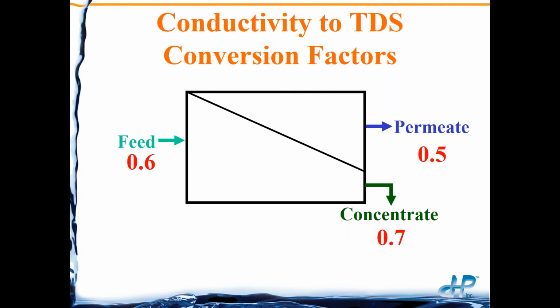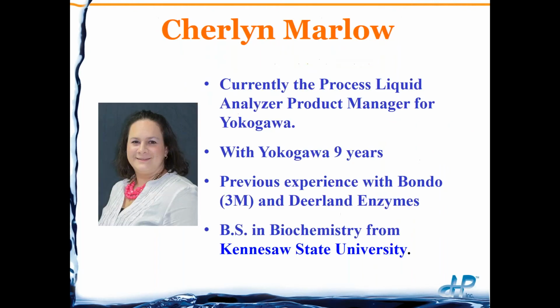This is showing that the permeate disproportionately has smaller, faster ions. Hydrogen is the fastest ion, and the pH is lower, so there's more hydrogen. So you have more conductivity per milligram per liter in the permeate than you would in the feed and the concentrate. So that's just a real quick overview of conductivity.